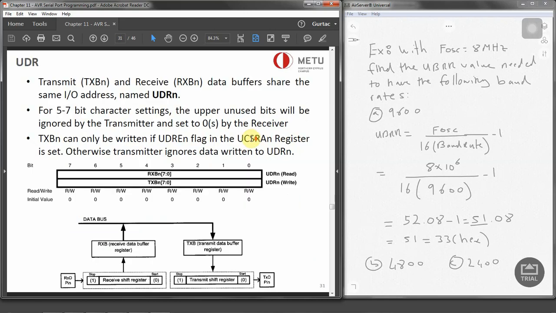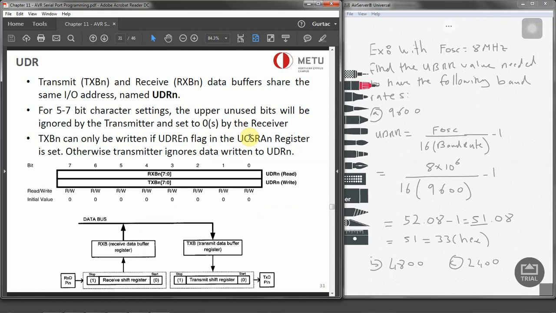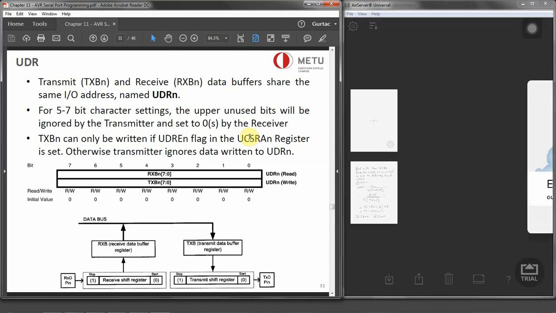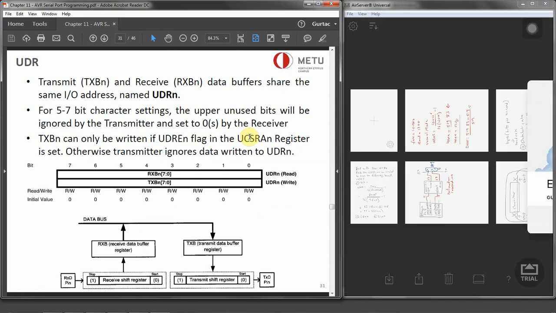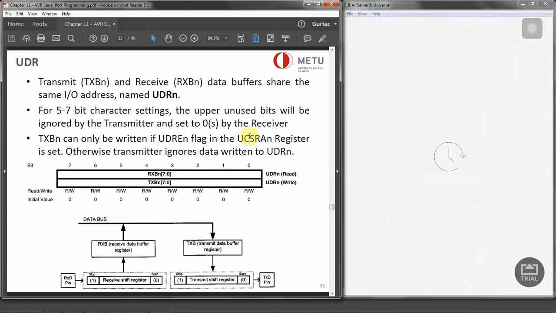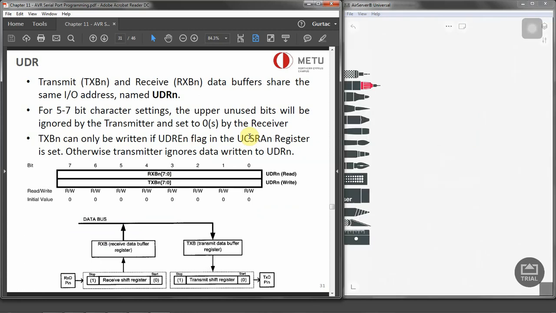Now, the next register that we need to consider after UBRR is UDR, which is the USART data register. In AVR, to provide full duplex serial communication, there are two shift registers referred to as the transmit shift register and the receive shift register.